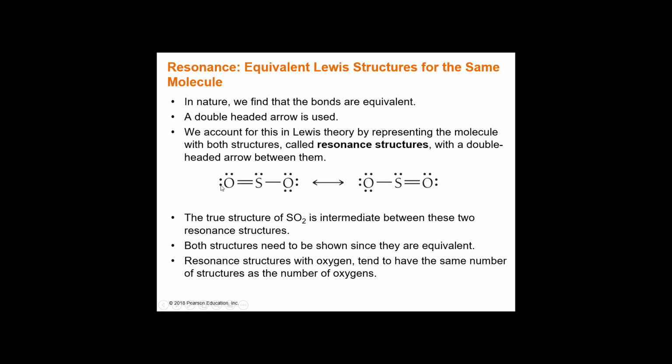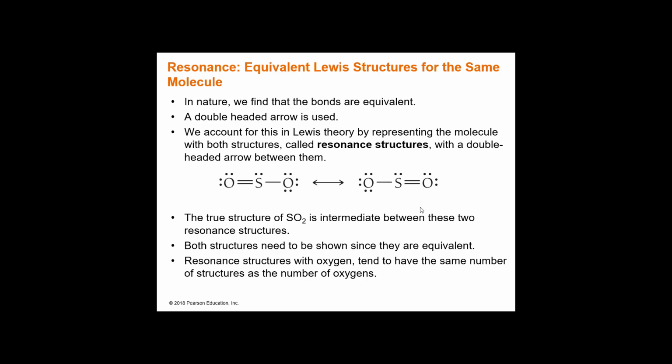Nothing else changes. The actual structure does not change. If you change the structure, it is no longer the compound that we are working with. So again, a double-headed arrow is used. It's called a resonance structure or resonance hybrid structure. The true structure of SO2 is an intermediate. This is why we draw this. Both structures need to be shown.